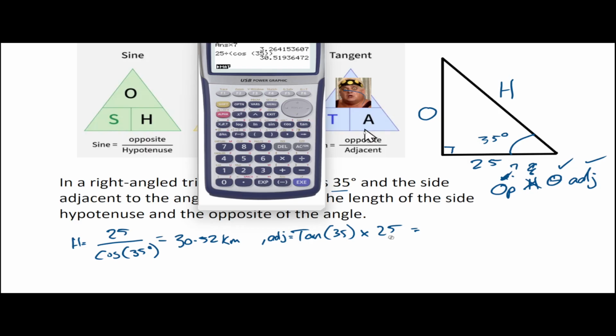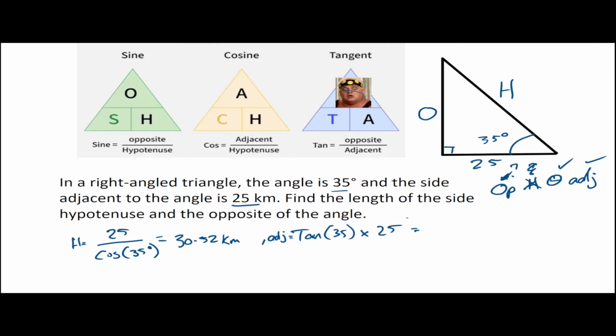And grab the good old calculator. Tan of 35 equals 0.700 and a bit. Times that by 25, and we get 17.51. I know we were given whole kilometers there, but I'm going to do it to 2 decimal places, in kilometers, and we're done. That's that.